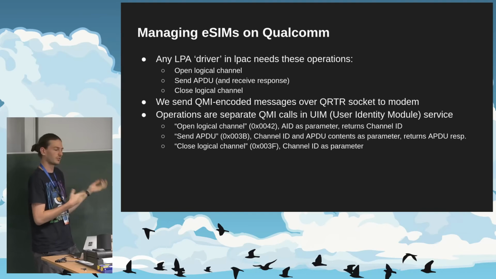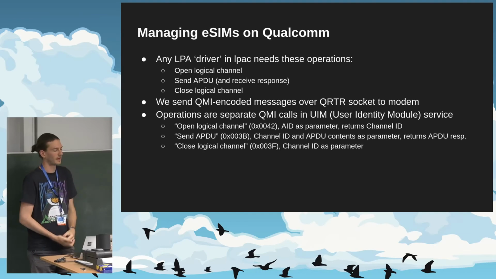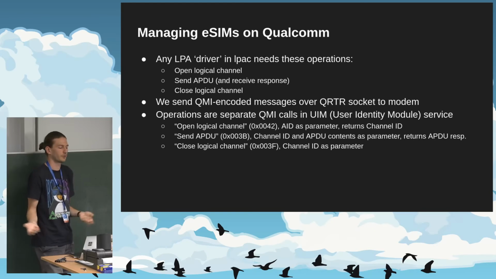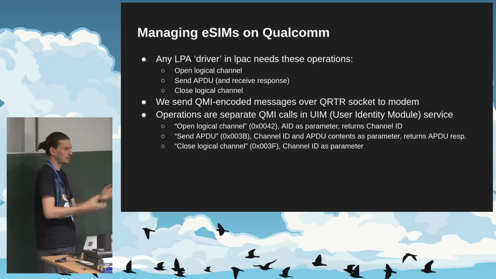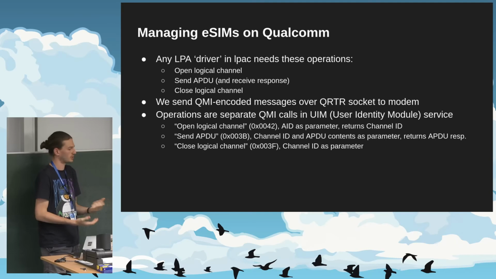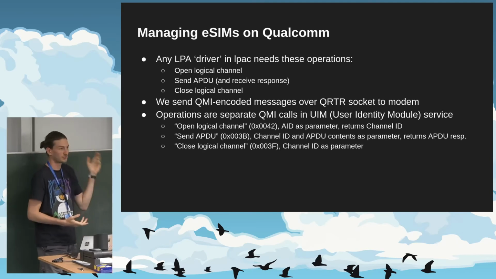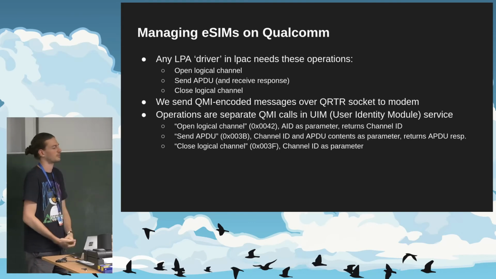It takes the channel ID we just got, and the APDU contents as a stream, let's say. As a return value from the modem, we get back the response in APDU format. And the last operation, close logical channel, 0x3f, we just give it the channel ID as parameter.